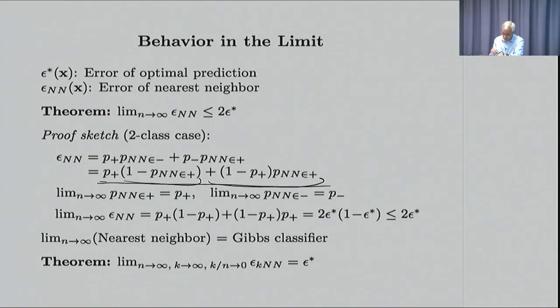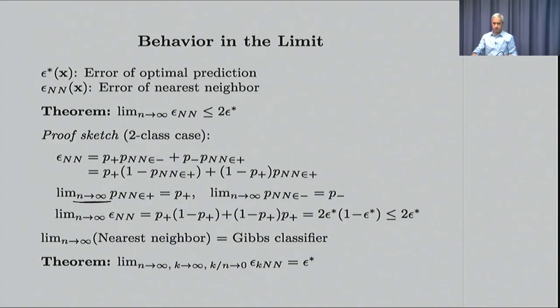Okay. Now here is the crucial point. What happens as my data set size goes to infinity? So here's my query point, and here's my nearest neighbor sitting around somewhere. What happens to the distance between them as I get more and more data? It shrinks, right?